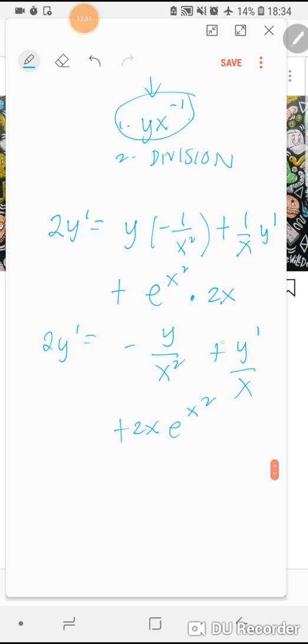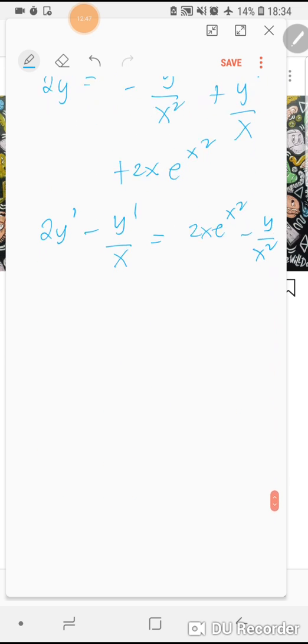We can still simplify that. So 2y prime minus y prime over x is equal to 2x e to the power of x squared minus y over x squared.